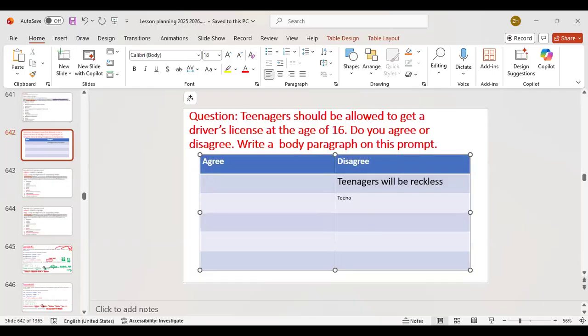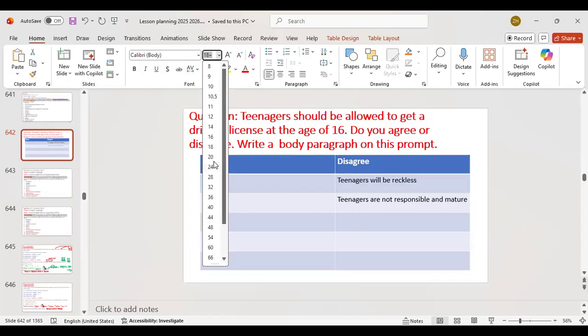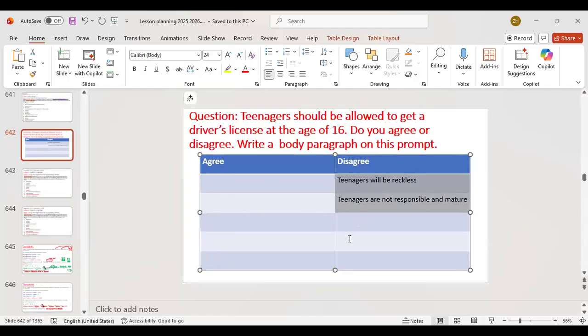Teenagers are not responsible and mature enough. That's what you're saying. And you think that accidents will increase or decrease? Increase. So you think traffic accidents will increase. Plus, they will have road rage. Road rage, that's right. So traffic will increase.